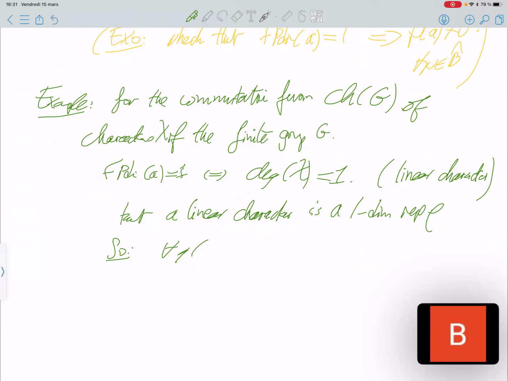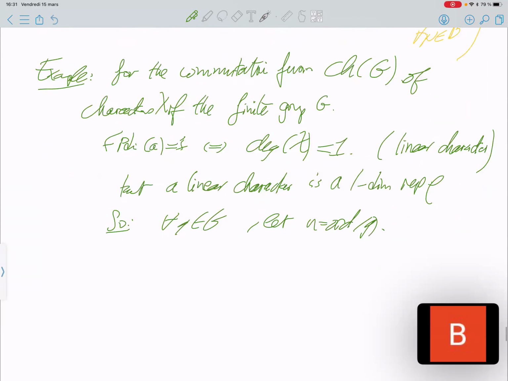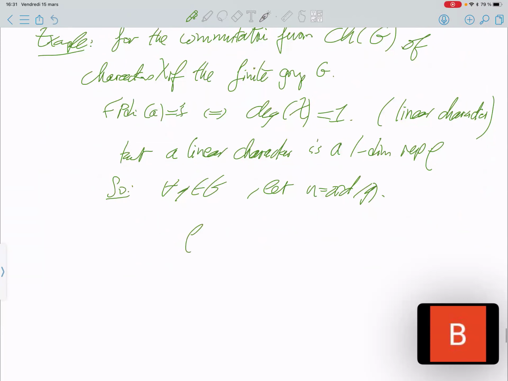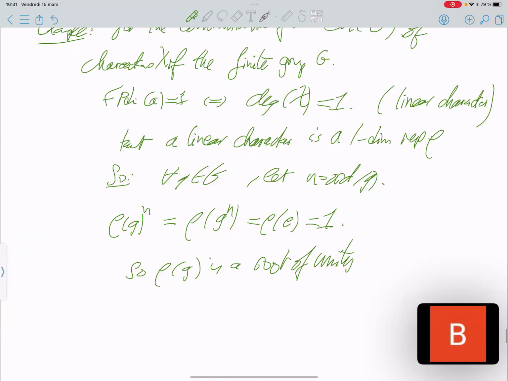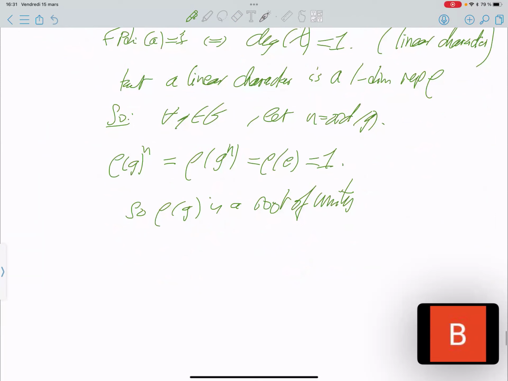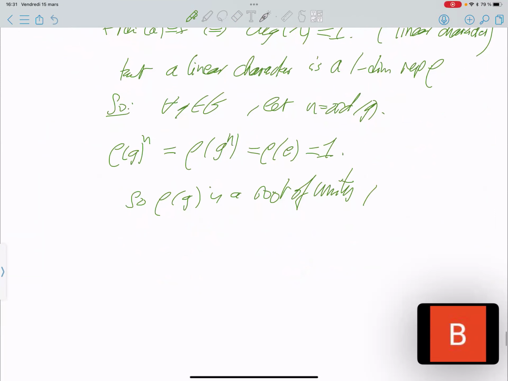So for all g in G, let n equal the order of g. Rho of g power n equal rho of 1, equal 1, like that. So rho of g is a root of unity. So it is different from 0.